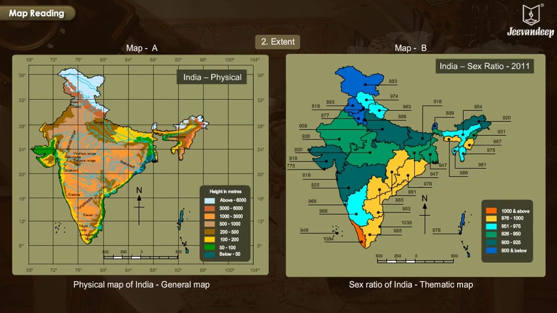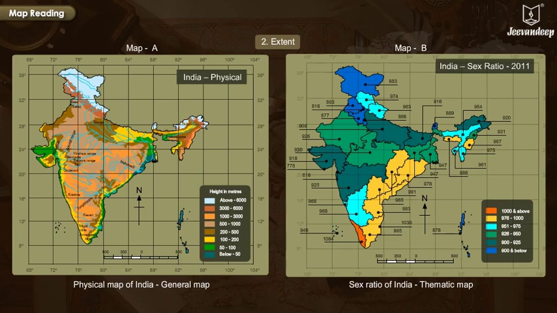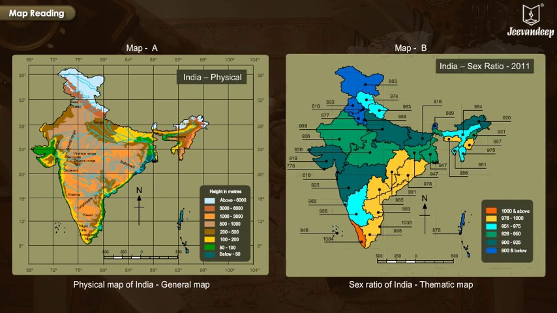Map B. In this case also, the extent is the same, but latitudes and longitudes are not shown. 3. Scale. The scale shown is linear with both A and B maps of the same size. 4. Direction. North direction is shown in both the maps.